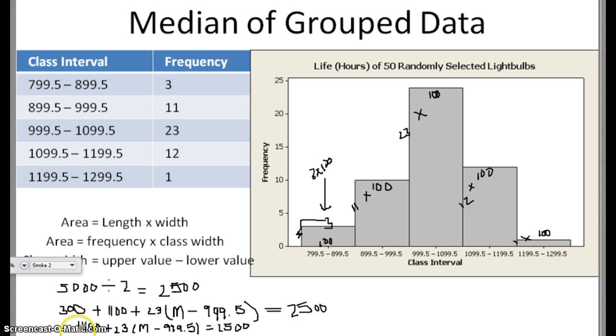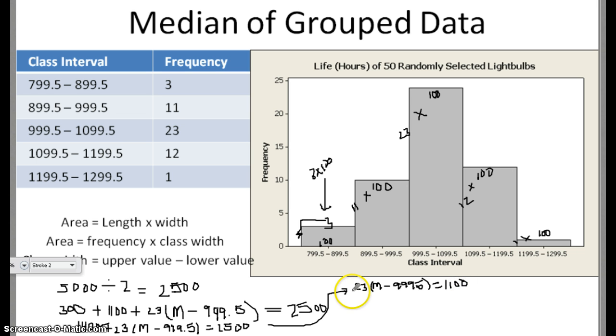When I subtract 1400 on the left, it cancels. 2500 minus 1400 is 1100. So I now have 23, that's the height of that rectangle, times m minus 999.5 is equal to 1100.